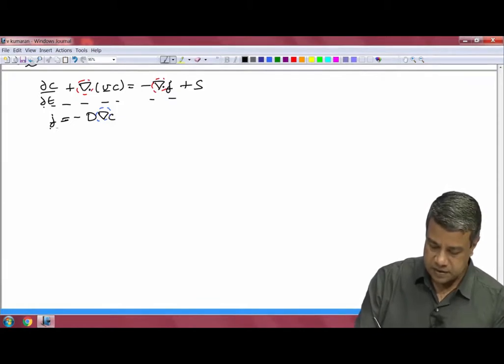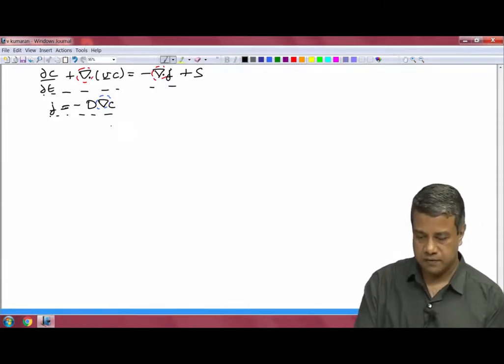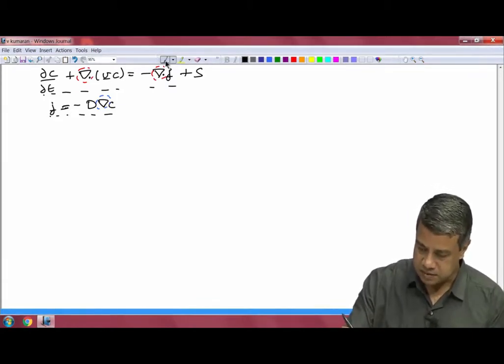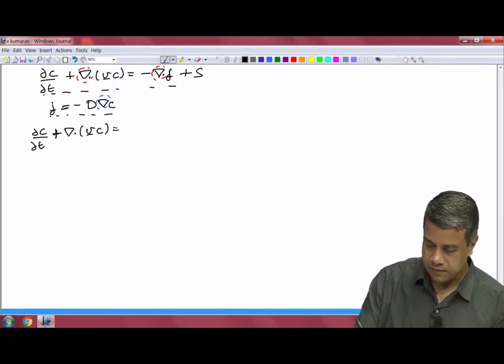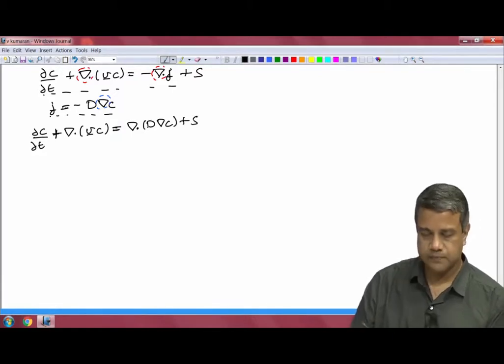The flux is given by Fick's law for diffusion, and if you substitute that, you will get partial C by partial t plus divergence of V c is equal to divergence of D grad C plus the source.